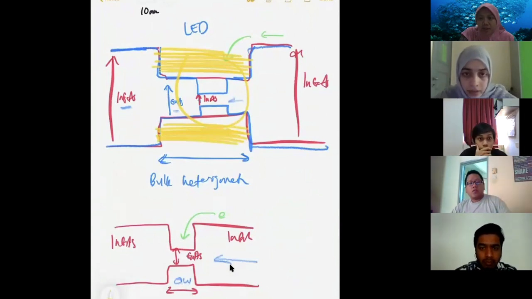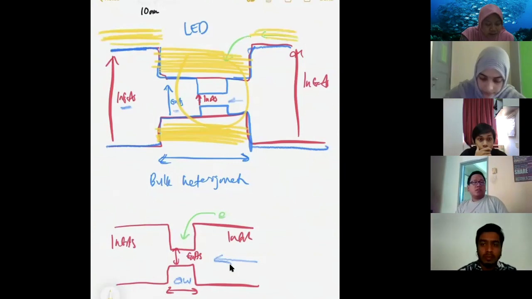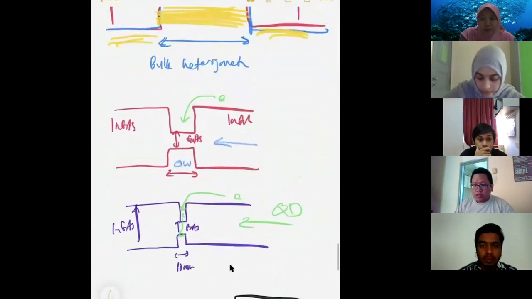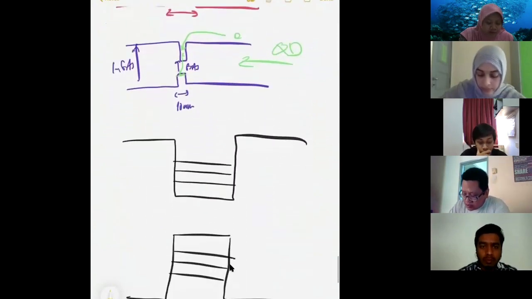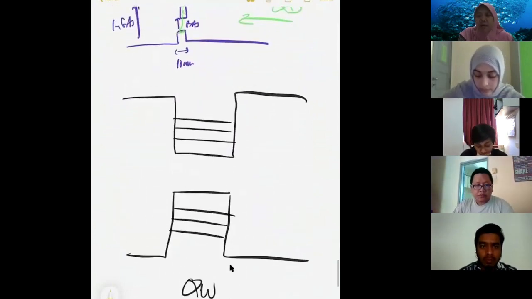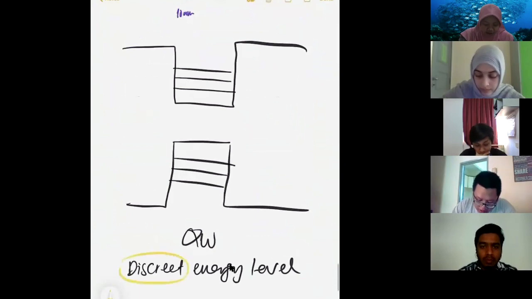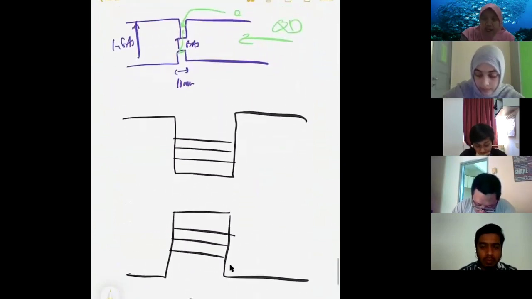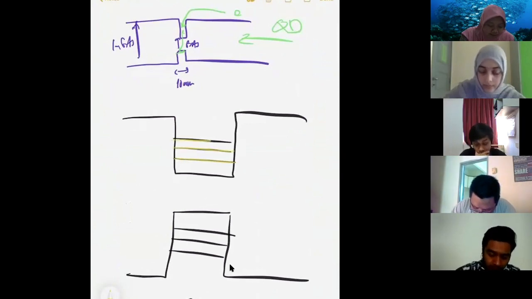So heterojunction bulk, anything bulk is continuous. But when you make it small, the energy level becomes discrete. What does discrete mean? There's a gap between one energy level and the other energy level.